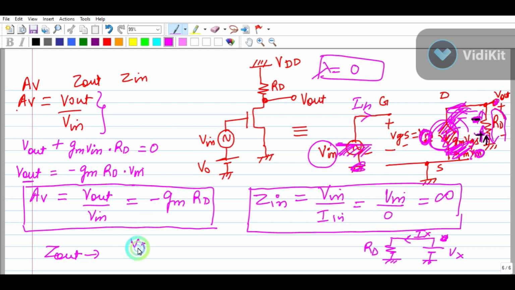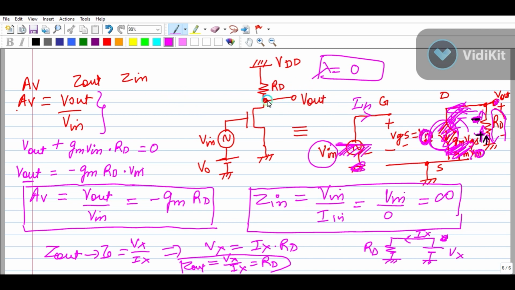Calculate Vx by Ix, that is your Z out. Okay, so Vx by Ix will be what? Vx is equal to Ix into RD. Simple. So Vx by Ix equal to RD, which means Z out equal to RD. Okay, so this is about the common source amplifier.